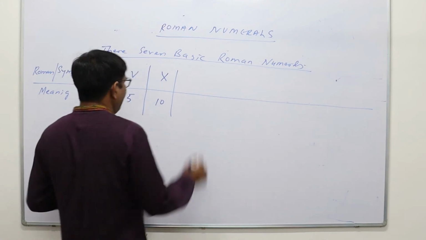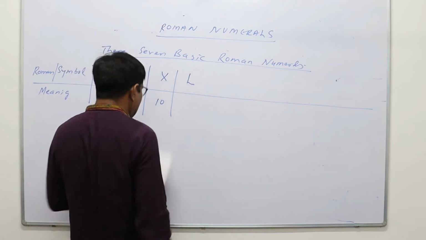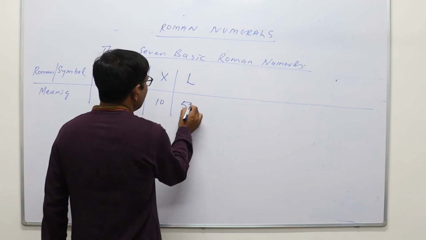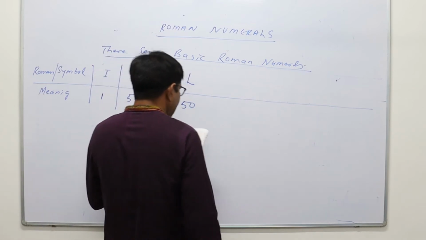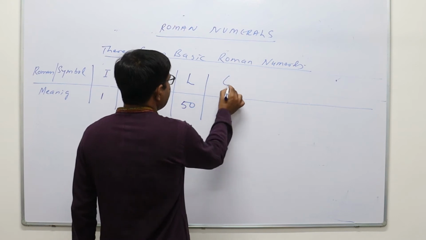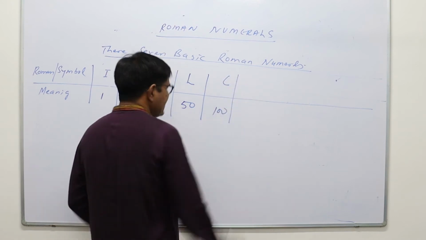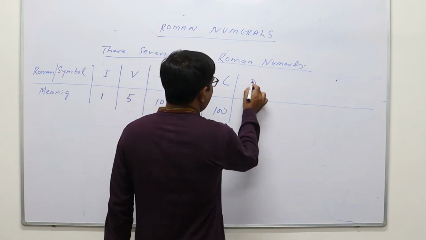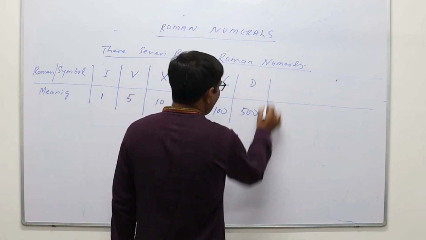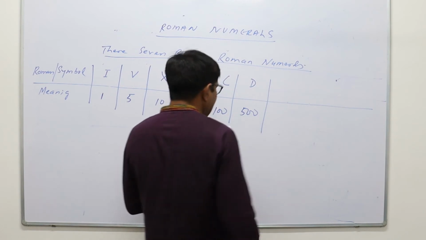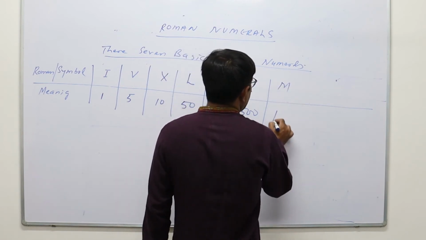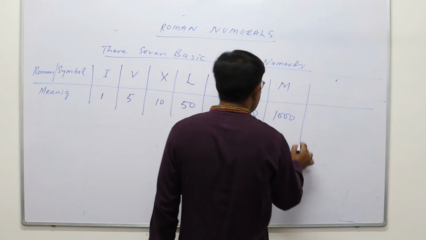Then capital L and the meaning is 50. The next one is capital C and the meaning is 100. Similarly, the next one is capital D and the meaning is 500. And the next one is capital M and the meaning is 1000.